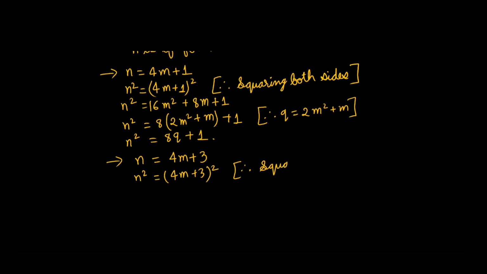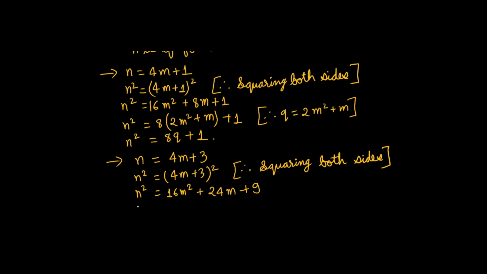Squaring both sides, here we will get n square is equal to 16m square plus 24m plus 9.